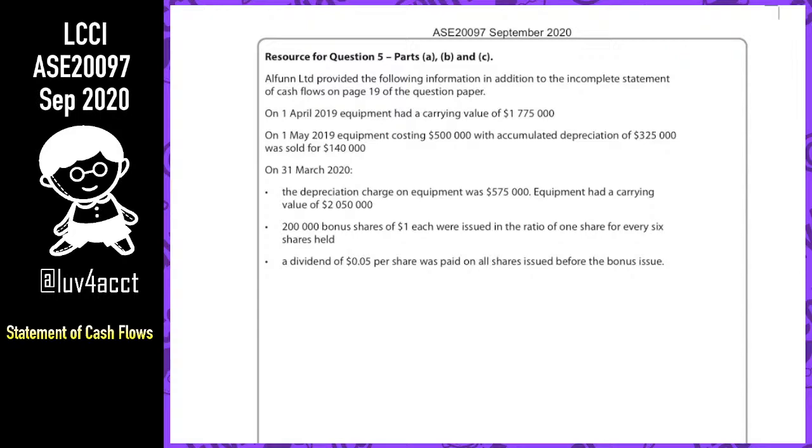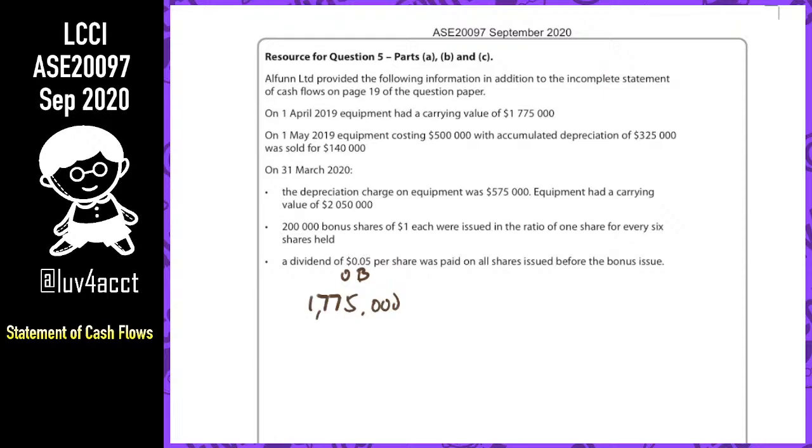On the 1st of April, okay, that is the year start, year 2019, 1st of April, equipment had a carrying value of 1,775,000, opening balance of non-current asset.